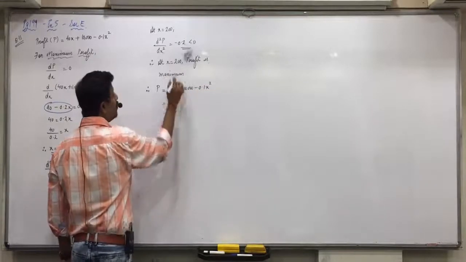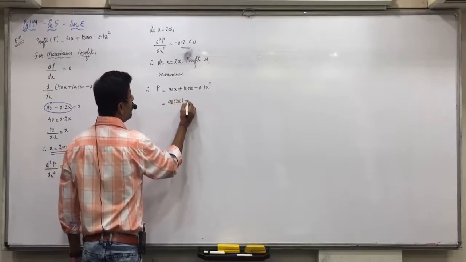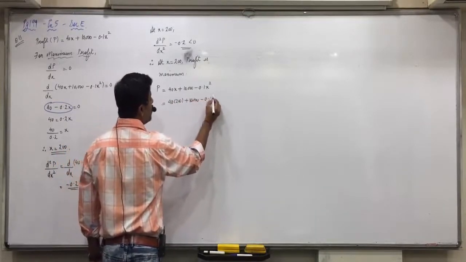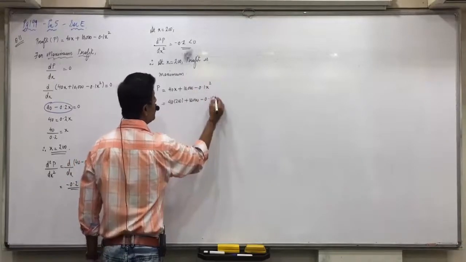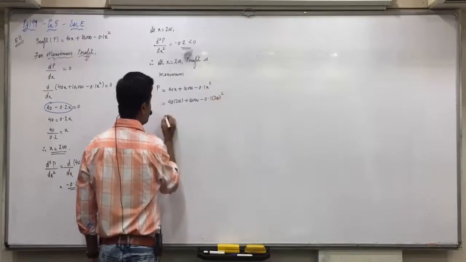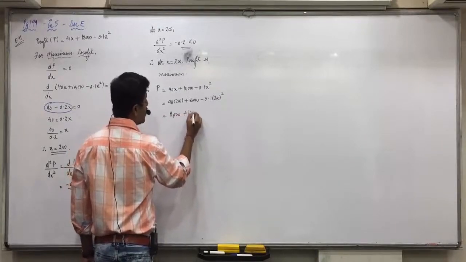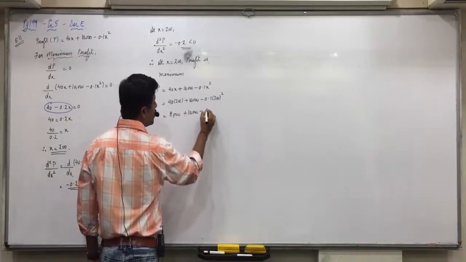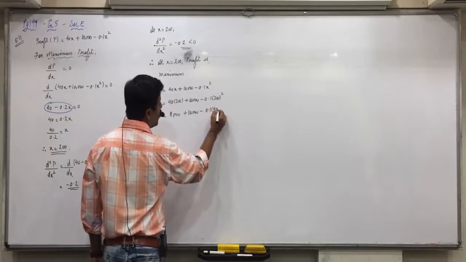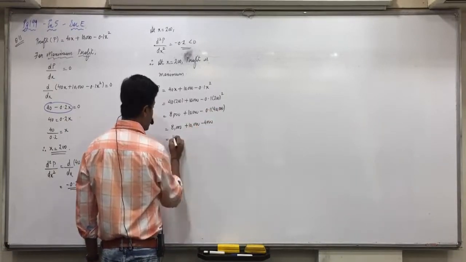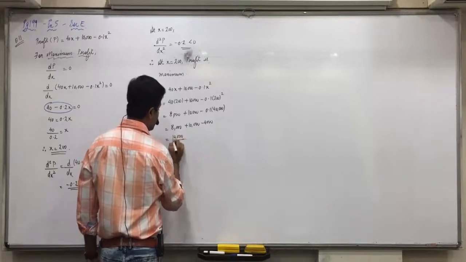In place of x we put 200: 40 into 200, 8,000, plus 10,000 minus 0.1 into 40,000, that is 8,000 plus 10,000 minus 4,000, which is 14,000.